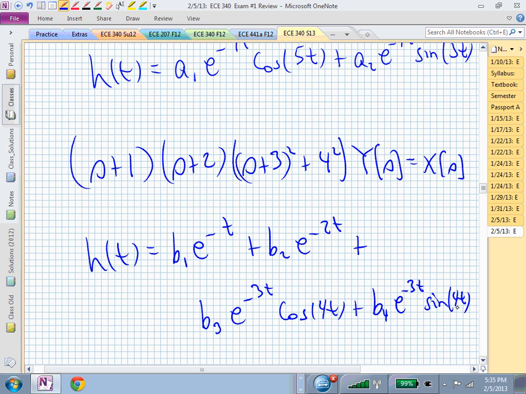You can write that down by inspection, essentially. That's what I want you to be able to do for this exam. Those are the inverse Laplace transform pairs that I want you to be comfortable with. Does that help answer your question?